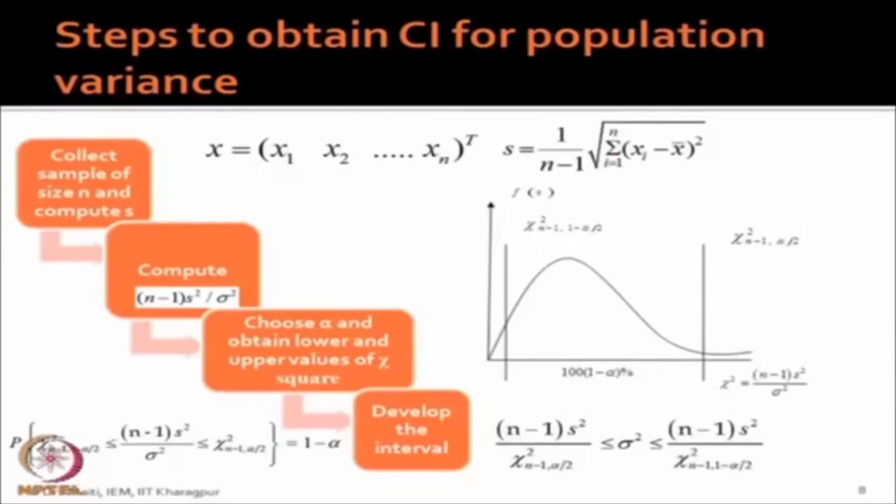If it is x bar, then you are converting into z or t. If it is sigma square, then you are converting into the appropriate statistic, n minus 1 s square by sigma square, which follows the chi-square distribution. So, unless you know the distribution as well as the statistics required, you cannot go about interval estimation.